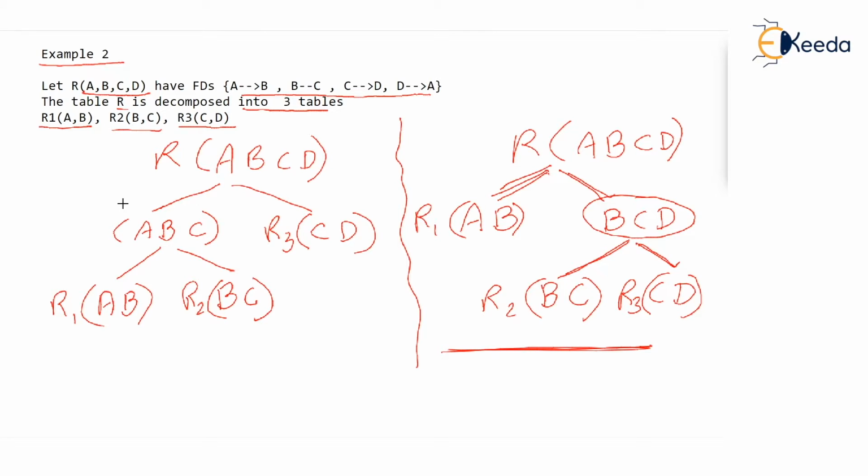then let us check from the bottommost tables R2 BC and R3 CD. You note that there is a common attribute C here, isn't it? For lossless decomposition, I am checking. There is a common attribute C, and that common attribute has to be a key in one of the tables. Now you watch from the original dependencies given.